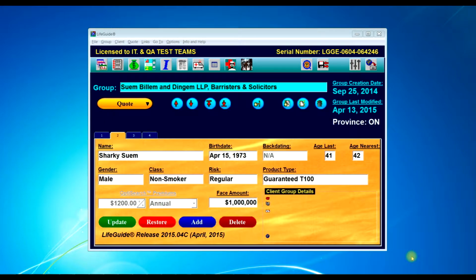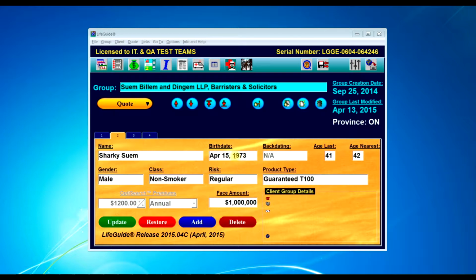a male born April 15, 1973, age last 41, age nearest 42. There was no backdating employed here because it would have necessitated several months of backdating, and perhaps it wouldn't make sense.